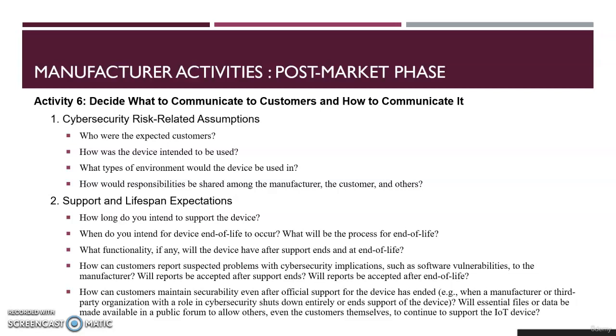The first category is cyber risk related assumptions. Who is the expected customer? For example, some IoT devices are created with a specific sector or customer type in mind, which could impact not only how the device cybersecurity capabilities are implemented, but also how those capabilities function.